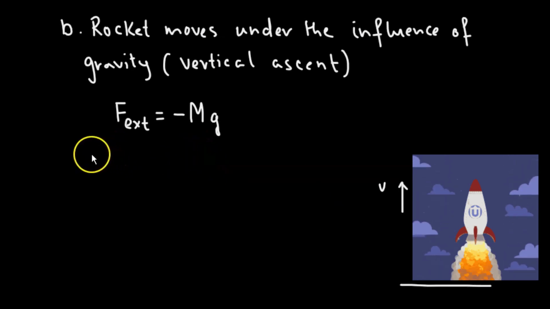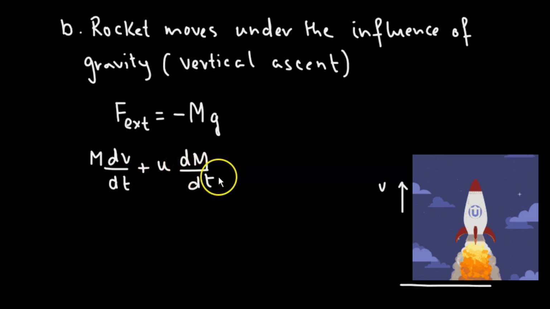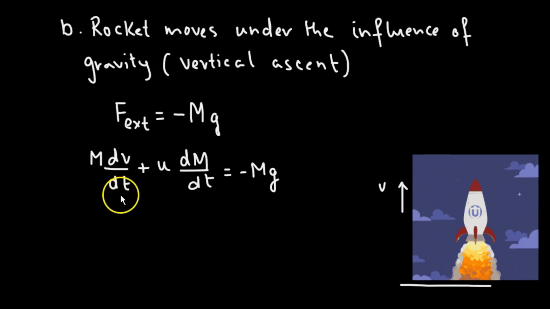So let's solve this. We know that the rocket's equation is given by m times dv over dt plus u times dm over dt, and that equals negative mg. Since we need an equation in terms of velocity, we'll keep the velocity differential on the left hand side.